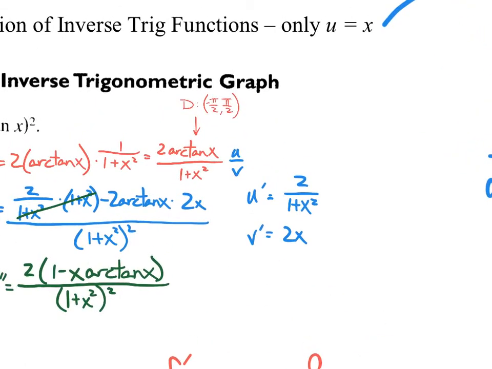Our domain is all real numbers. So arctangent only equals 0 once, and that's when x is 0.